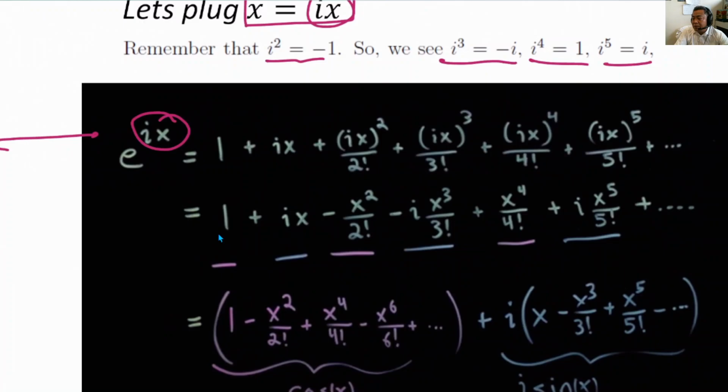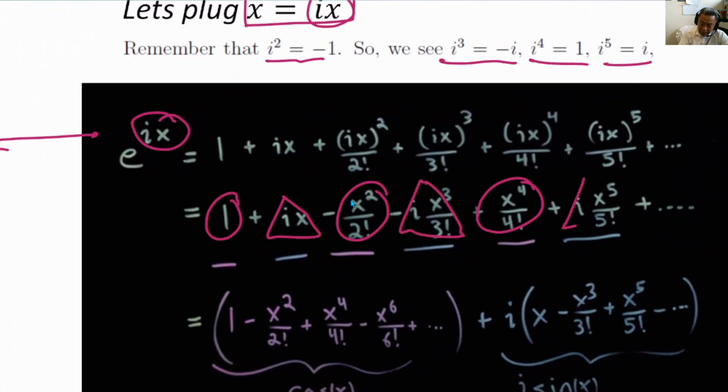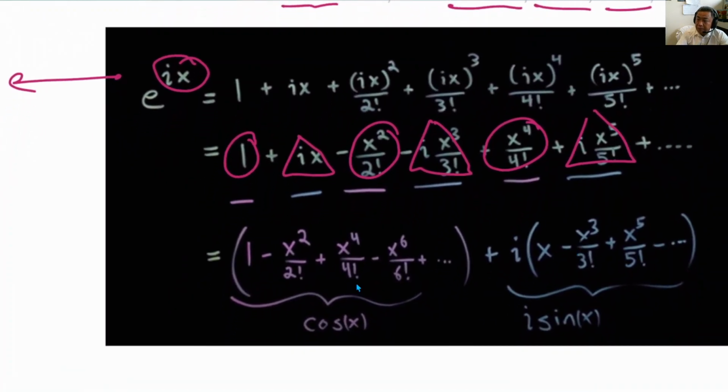So you realize that we have real terms in the even powers of x, and imaginary terms in the odd powers of x. When you collect them together, all this becomes the even terms, and all this becomes the odd terms.